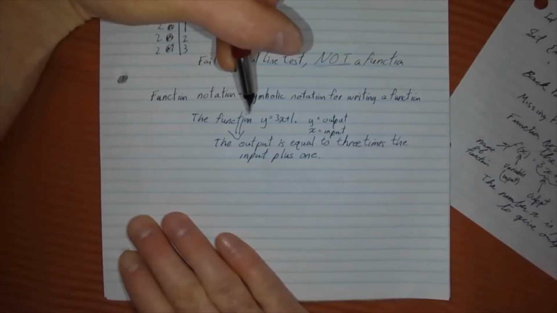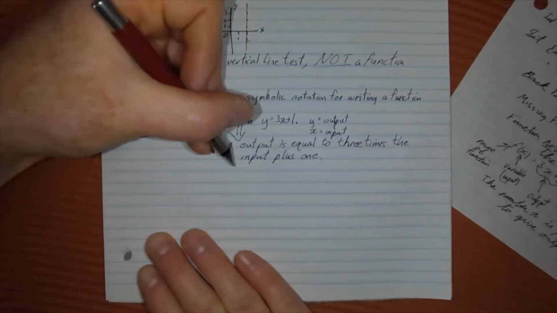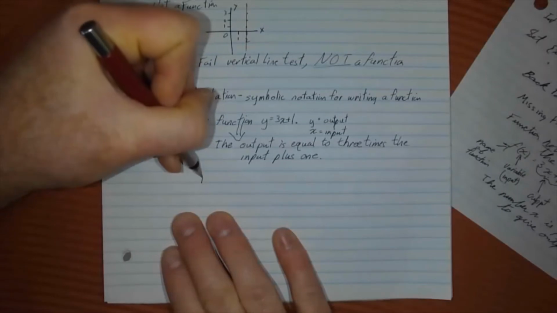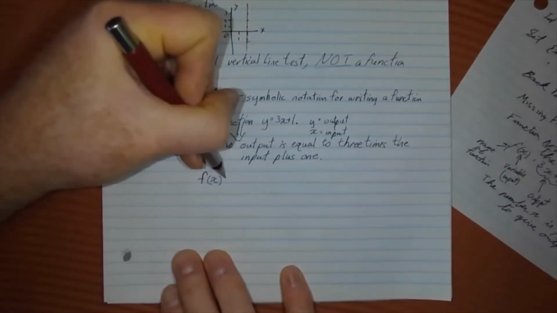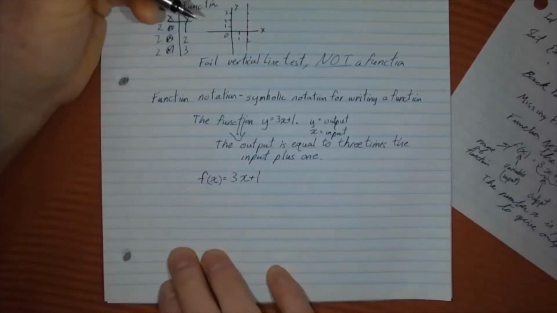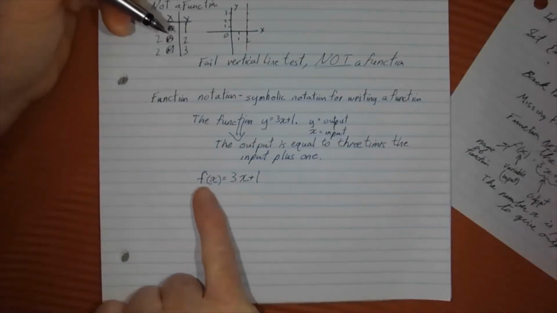And I'd have to say the function y equals this every single time, and I don't want to do that. I want to simplify it by saying f of x is equal to 3x plus 1. It looks different, but it's telling me the same thing.